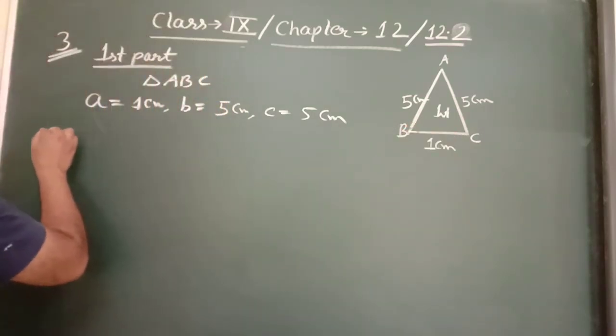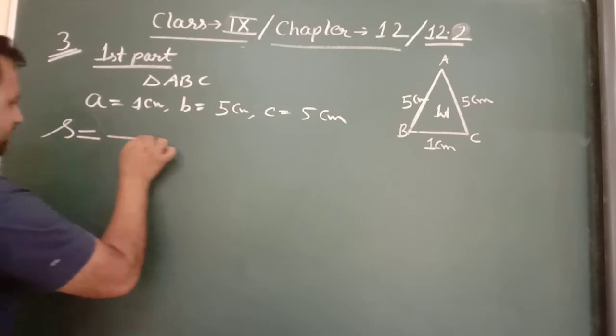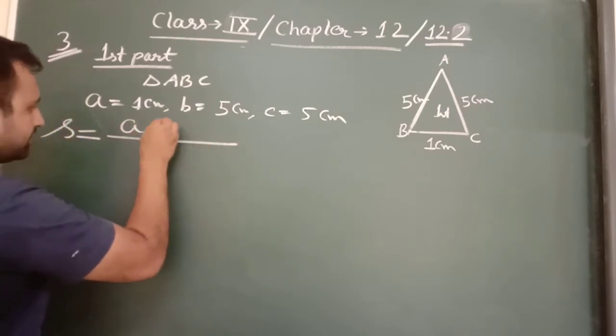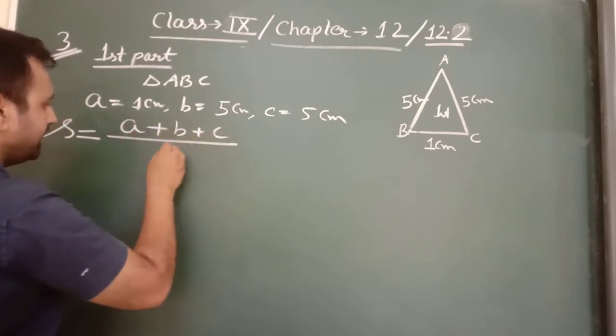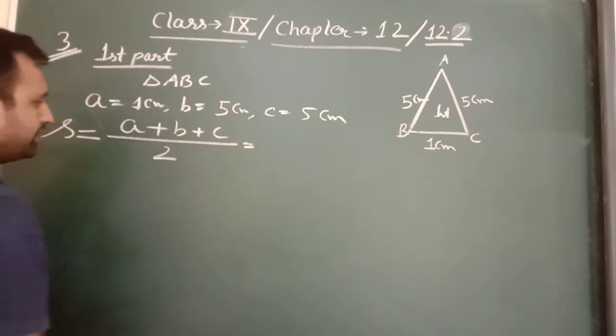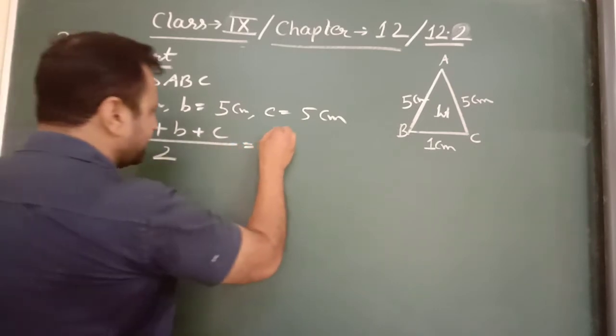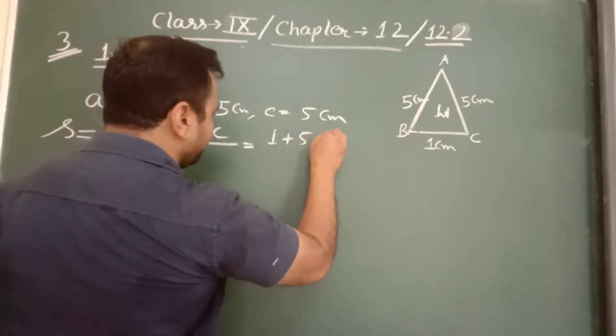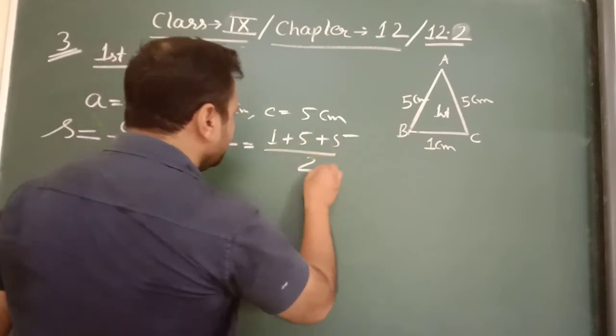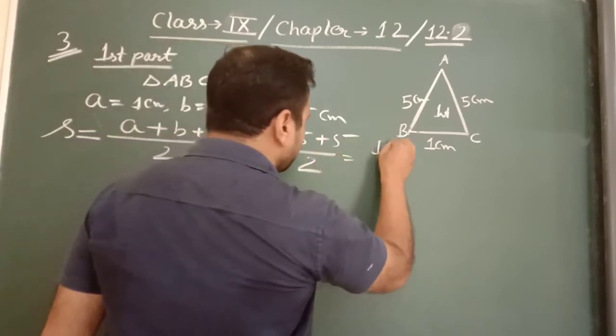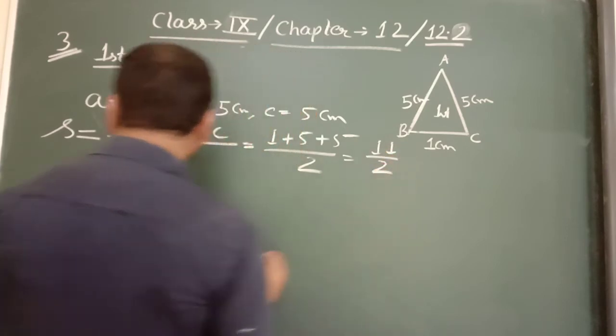To find the area, firstly we find S, the semi-perimeter. The perimeter is the length of the boundary, and in a triangle it is the sum of all three sides. So (1 plus 5 plus 5) upon 2, so its value is 11 upon 2.